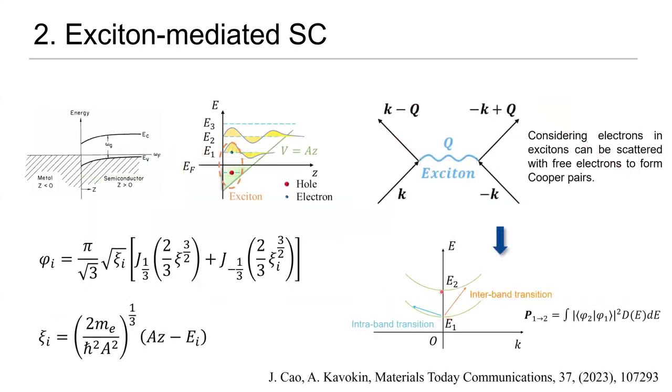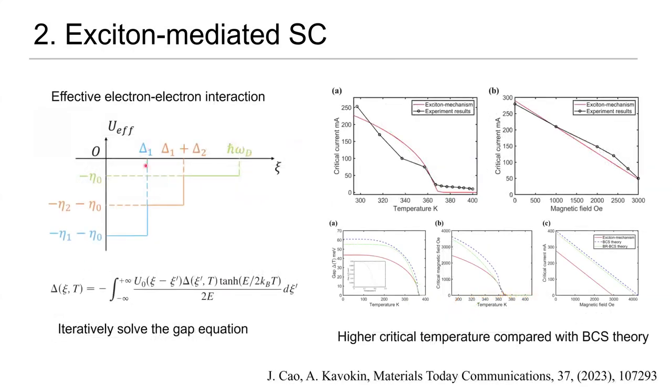It means that the energy difference is between E2 minus E1, from the solution of the linear potential, and it means that the electron in this exciton can only have the intraband transition, which means the kinetic energy is increased. In this case delta 1 is exactly the energy difference between E2 and E1, and then there is delta 2.